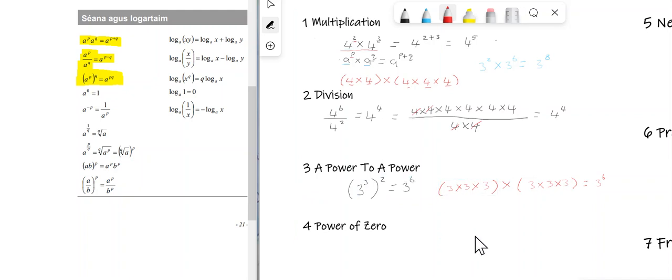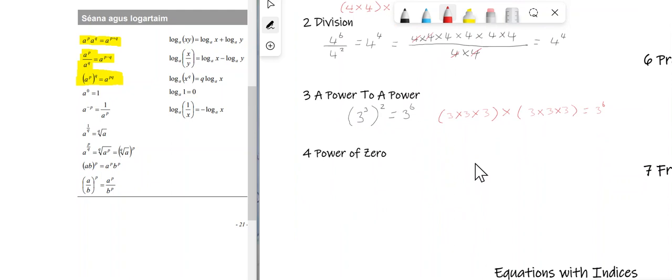So the next rule then is this rule here. So it's the fourth rule, or the power of 0. So again, if we have a look at this example here, let me just change the color. So if we do blue, this guy here. So what we have here is a to the power of 0 is equal to 1.